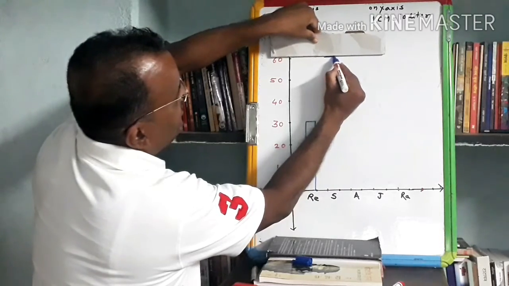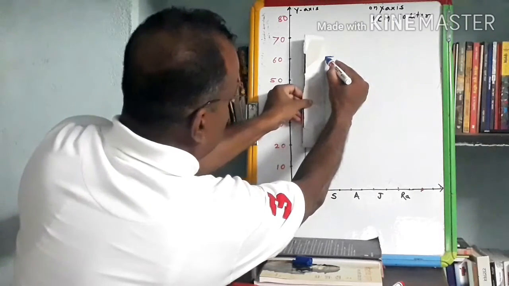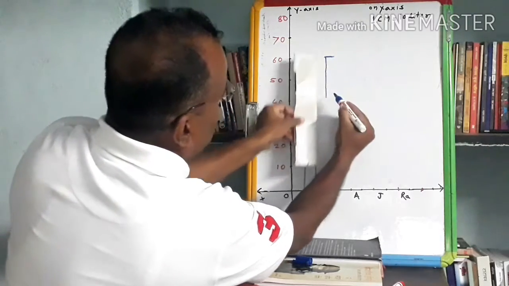On the graph paper this is very easy for you. It is very difficult to draw it with the help of a scale again.